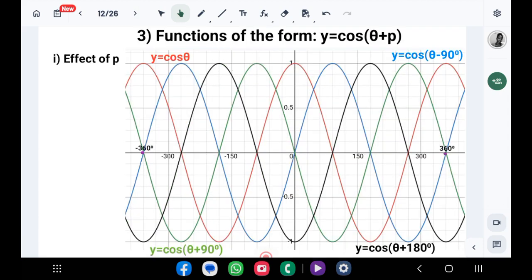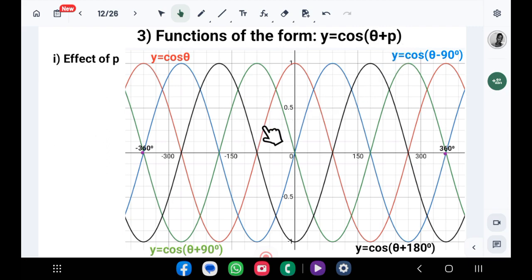Now let's look at functions of the form y equals cos of theta plus p and the effect of p. The effect of p basically is shifting to the left or to the right. Just like with any algebraic function, p represents a shift to the left or right, whatever variable they put as a plus of the theta inside the angle.